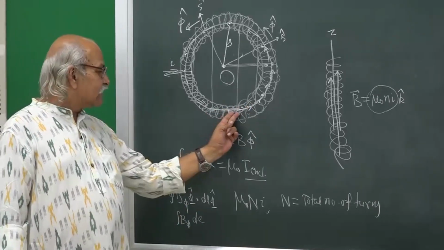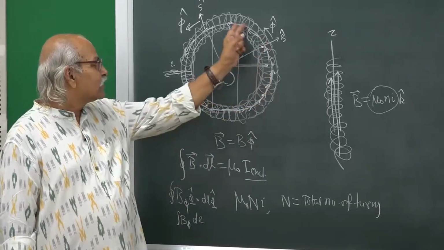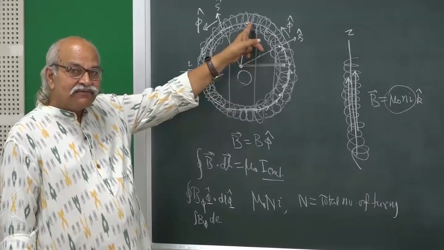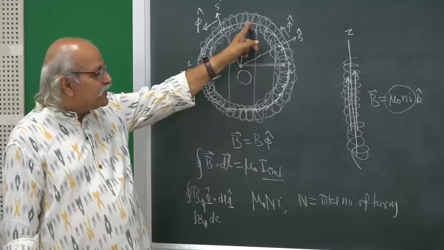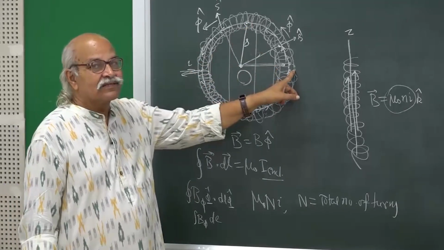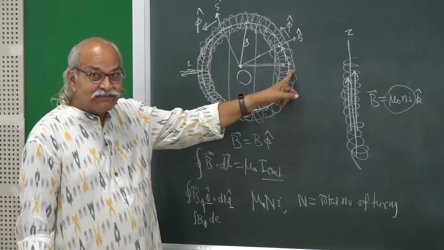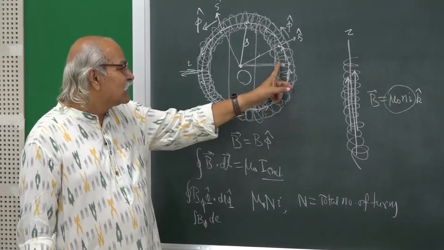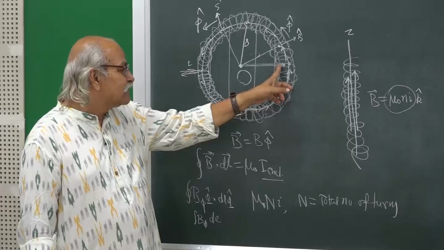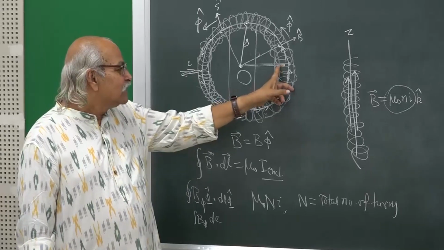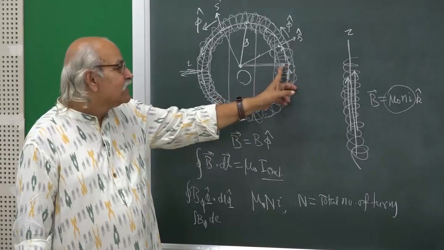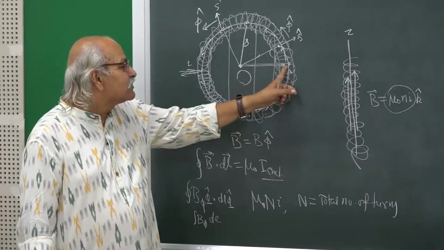So, whether you are here or here or here, the magnitude of the magnetic field is the same. It will vary if you change that S, because if you are close to the inner periphery, there are more number of turns, so expected more magnetic field. If you are going away, then expected magnetic field will decrease. So, this way it will change, but this way it will not change.